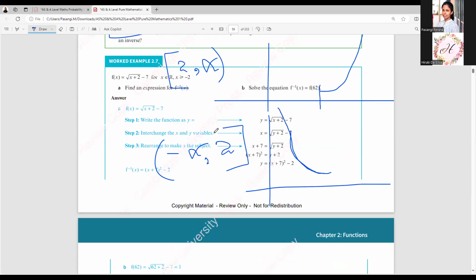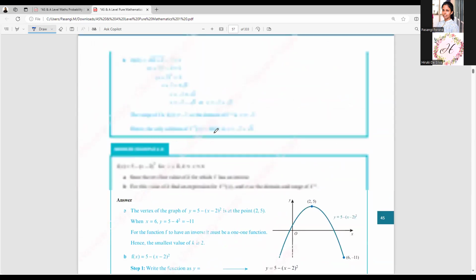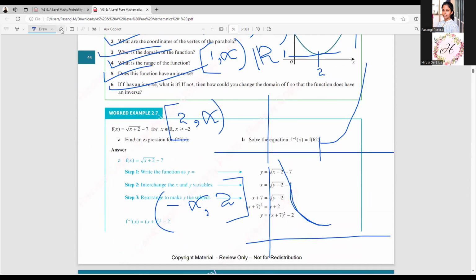Okay. Can you do the worked examples 2.7 and 2.8? Yes.